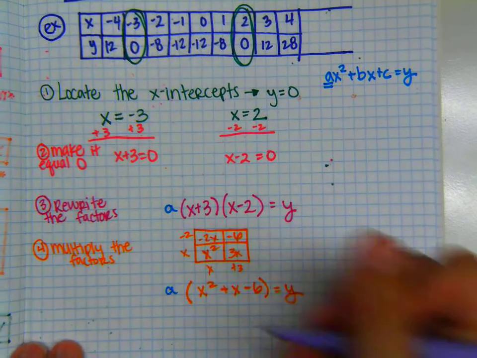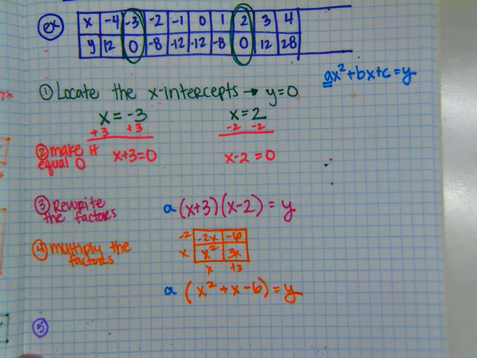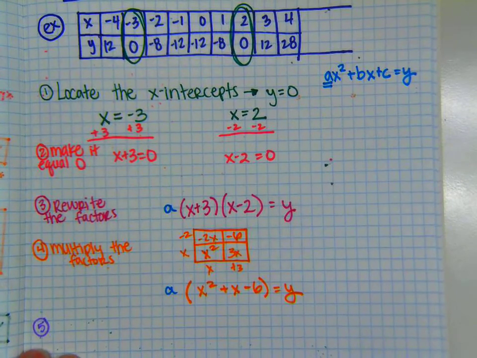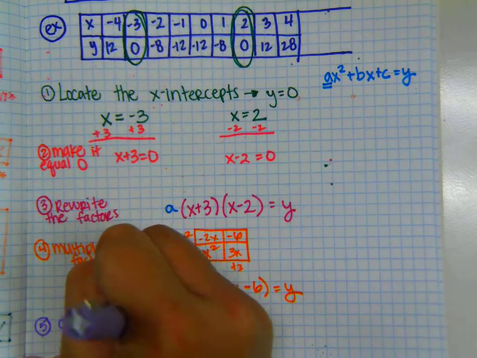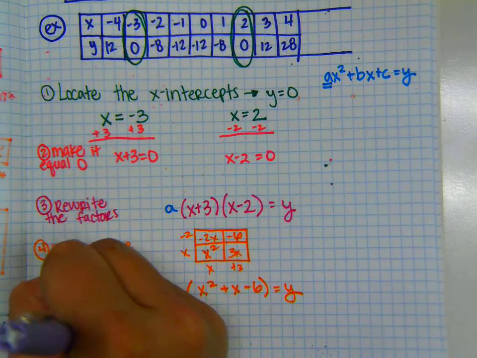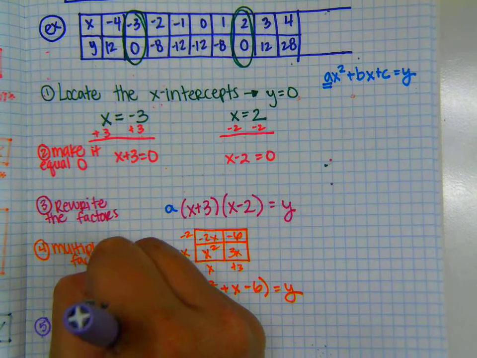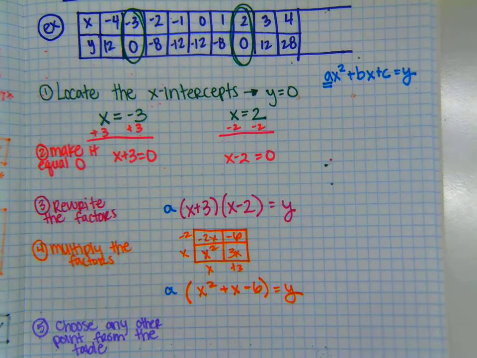So our fifth step is going to be to choose any other point from the table. Okay?